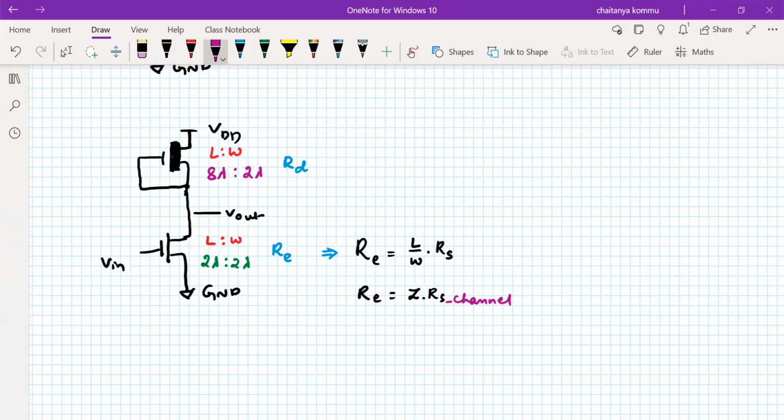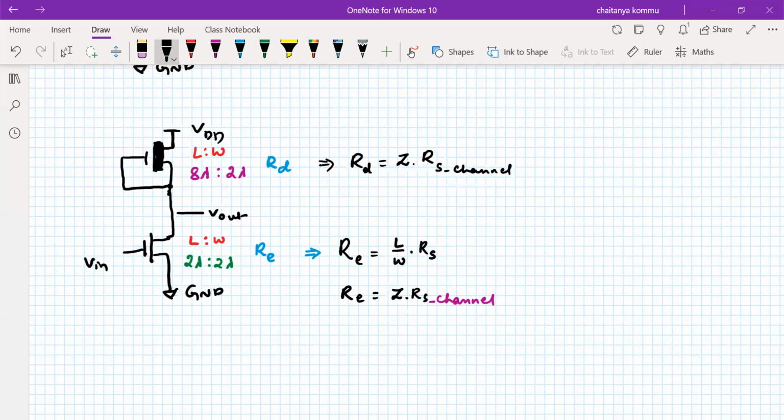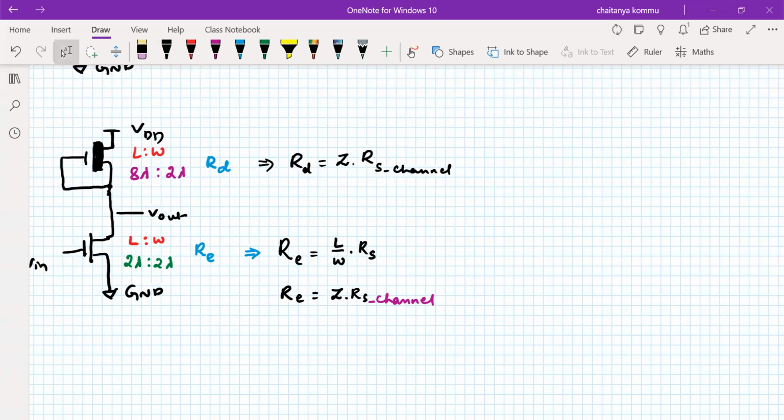As simple as that. Similarly, the RD is nothing but some Z value multiplied with RS of the channel. Clear? Fine.